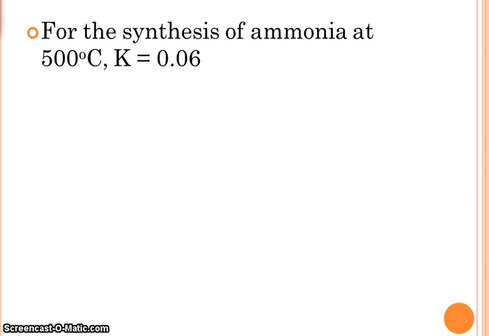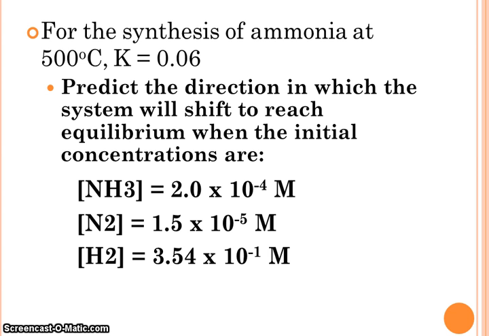All right, so let's look at another example. We're going to use the same reaction, the same K value since that's a constant, but we're going to have different values this time. We want to calculate Q and predict the way that our system is going to have to shift to establish equilibrium.